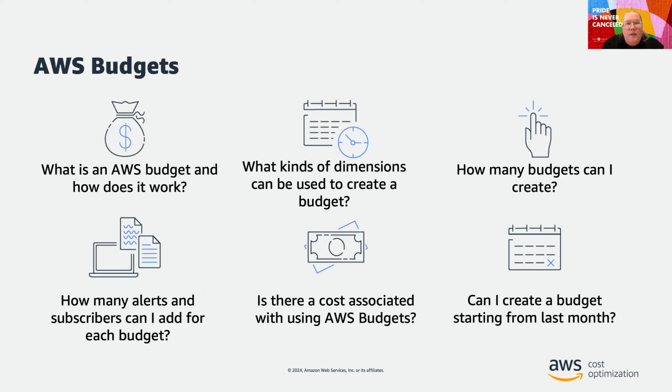So first of all, what is an AWS budget, how does it work, and what kinds of dimensions does it have? If you look at budgets, you can set alerts and look at the cost that you're spending on your infrastructure, either across the organization or a specific account.